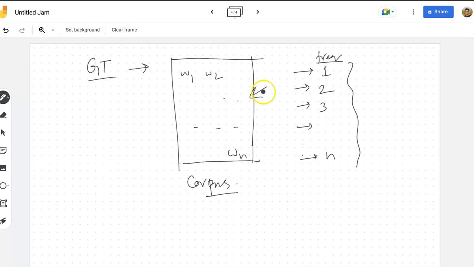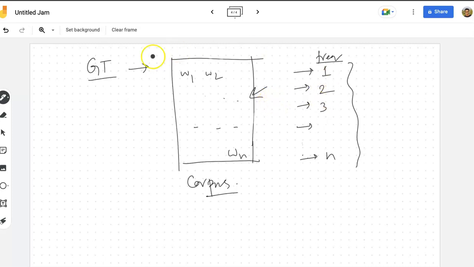It's not possible to go by this count-based probability rule because you have not seen those words. The numerator will always be 0, so it's not possible to get the MLE for those words. So what is the way around?